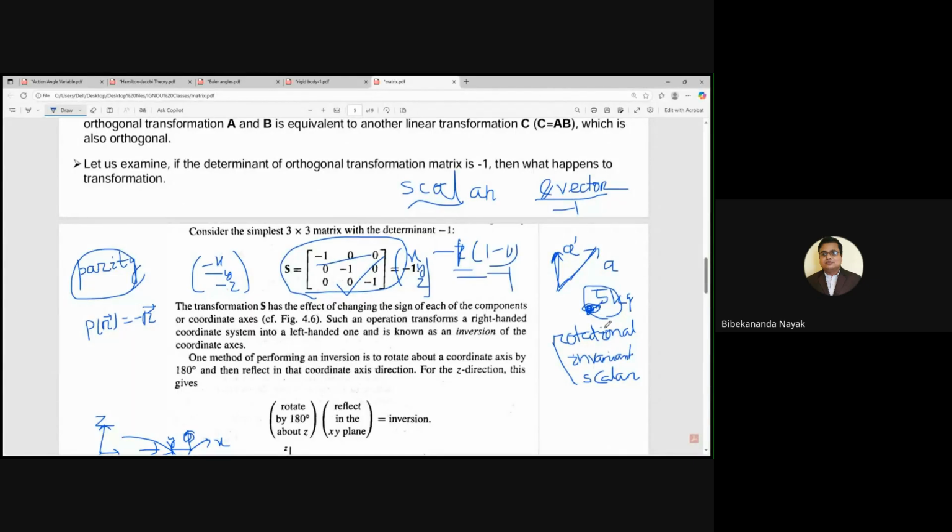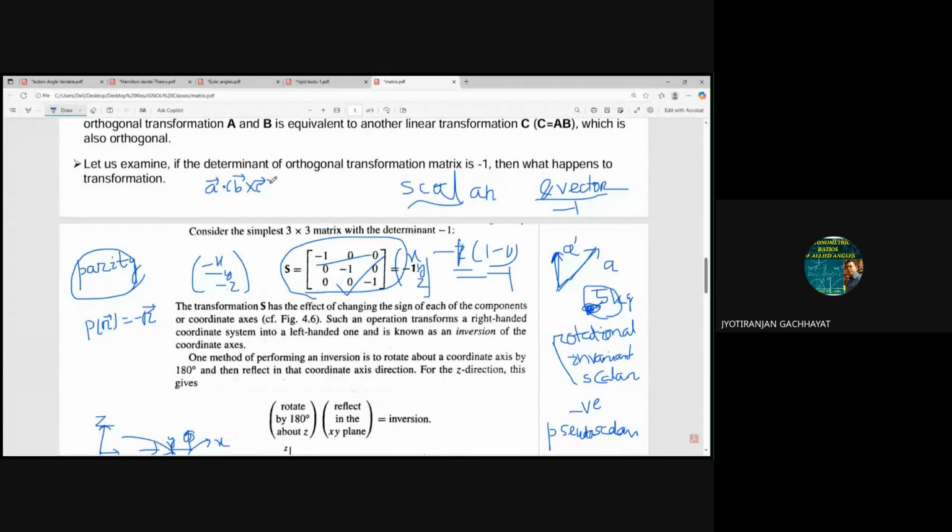So a scalar has positive parity, but a vector has negative parity. But there are some scalars which are invariant under rotation, yet have negative parity. They are affected by parity. They are called pseudo scalars. Particularly the scalar triple product of vectors, A dot B cross C. You know it, it is a scalar or vector?